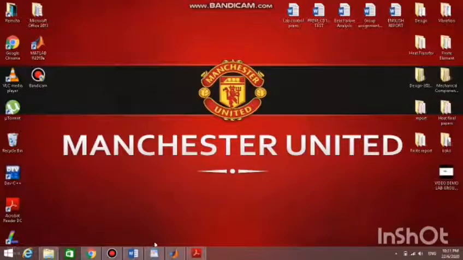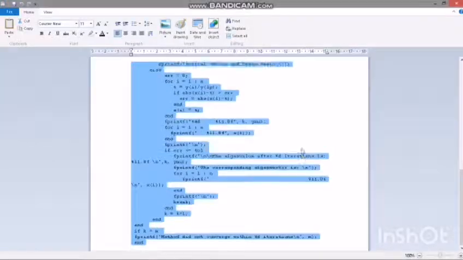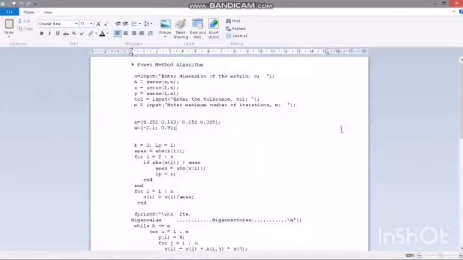To find the eigenvalue and the eigenvectors from MATLAB, we have to choose a method called the power method algorithm, where you insert your matrix and your trial vector in the code to find the eigenvalue and eigenvectors.